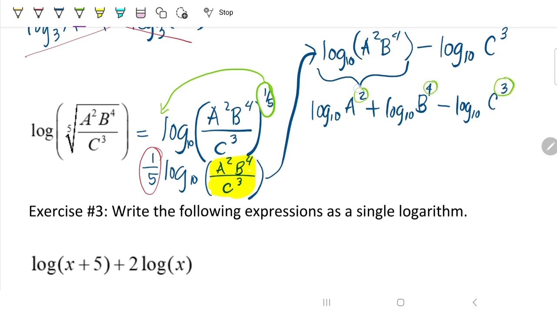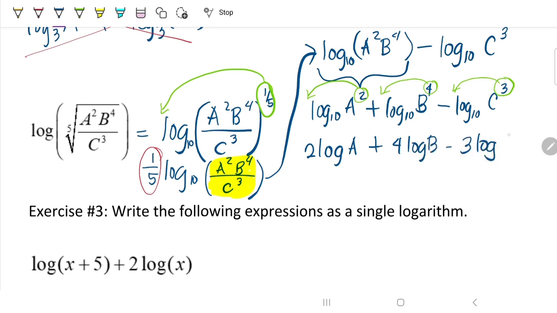So, ibaba lang natin yung mga exponents na 2, 4, and 3. So, by doing that, we have 2 log base 10 of A. So, hindi ko na isusulat yung base 10 since common log naman tayo. Okay. Plus 4 log B minus 3 log C.